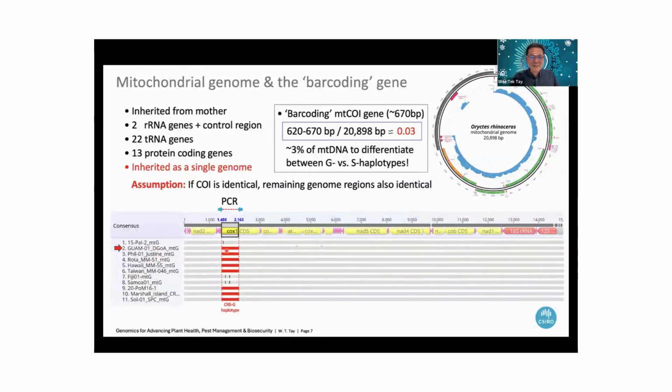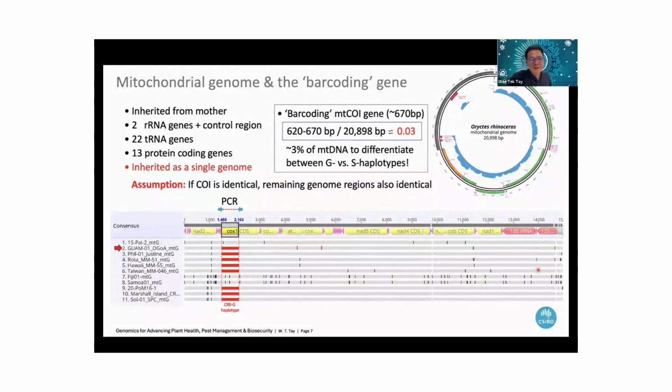Guam has this signature, and indeed it is shared with the Philippines, Rota, Hawaii, Taiwan, Papua New Guinea, Marshall Islands, and Solomon Islands. We will be assuming that any individuals here having this CRB Guam signature would have the same signature across the rest of the genome.